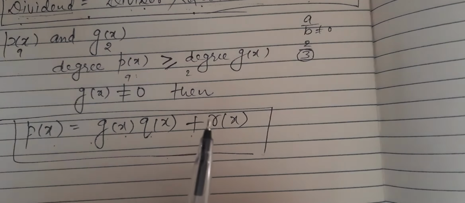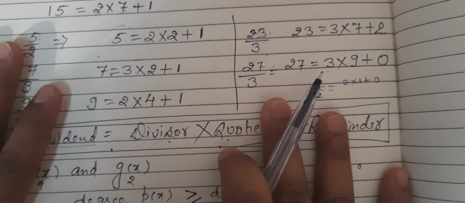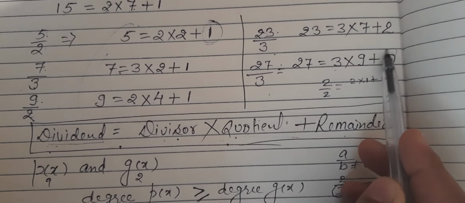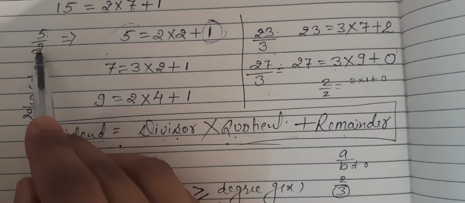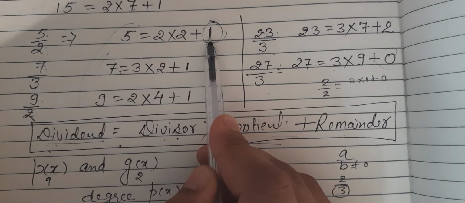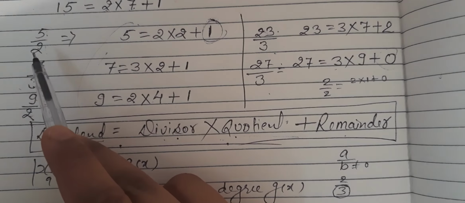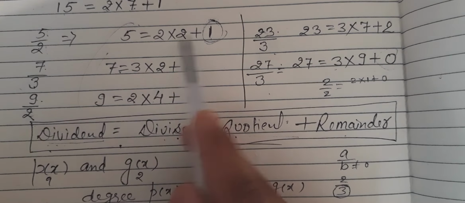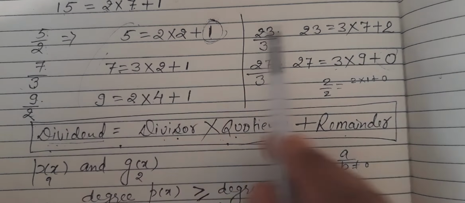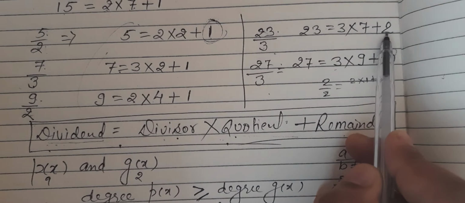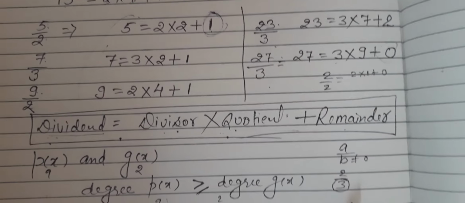Okay, and in all these numbers you will find that the remainder is either 0 or less than the divisor. Here the divisor is 2 and the remainder is 1. The divisor is 3, the remainder is 2. So in each case the remainder is always less than the divisor, either 0 or less than the divisor.